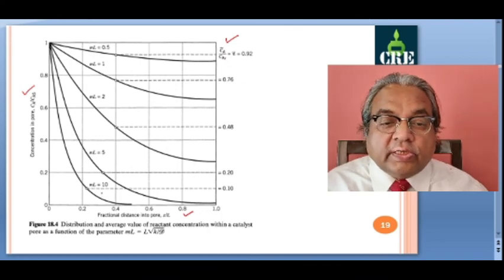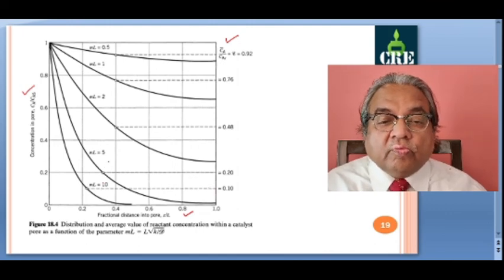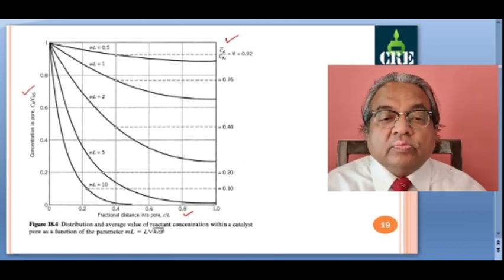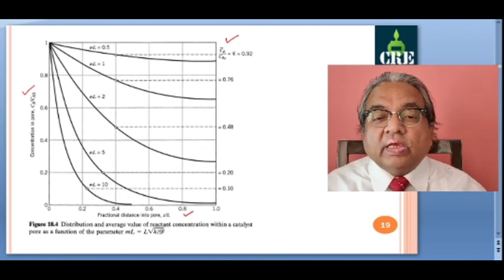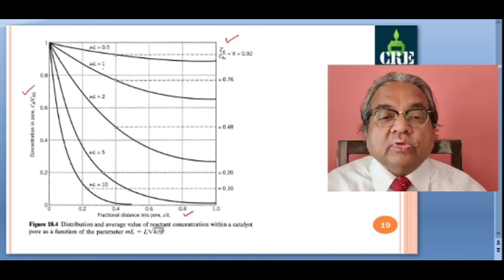So you can see here for this value of mL, 1 by mL is 0.1. For this value of mL, 1 by mL is 0.2. For this value, mL is equal to 2, so it is not greater than 4. So you find tan hyperbolic mL by mL, and you will get this value. For mL equal to 1, you will get this value.